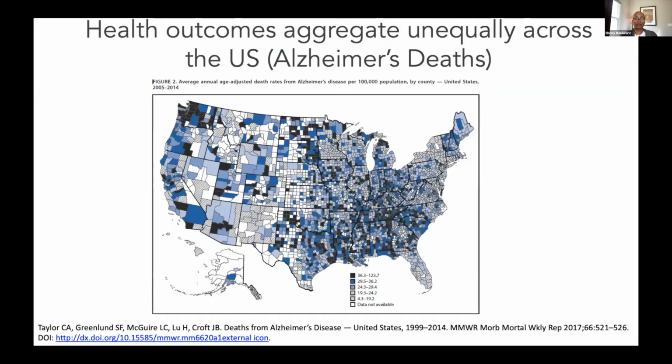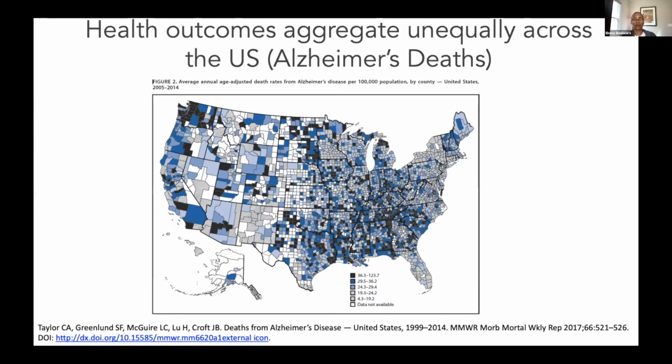So I believe you may have actually talked about this yesterday, maybe even earlier this morning, but this is a figure that comes from the MMWR out of the CDC that looks at Alzheimer's average annual age-adjusted death rates for Alzheimer's disease per 100,000 population by county in the United States. And there are a number of maps like this for numerous conditions across the United States.